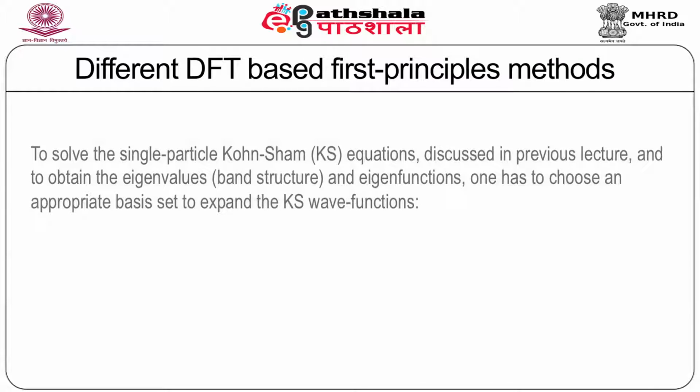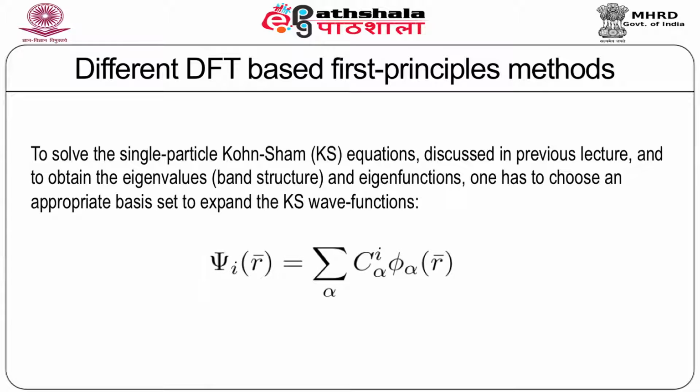To solve the single particle Kohn-Sham equation, which was discussed in the previous lecture, and to obtain the eigenvalues, which often give rise to the band structure, and the eigenfunctions, one has to choose an appropriate basis set to expand the Kohn-Sham wave function, as shown below, which is given by psi_i equal to the summation over alpha of C_alpha phi_alpha, where psi is the Kohn-Sham wave function and phi_alpha is the basis set with the coefficient C_alpha.